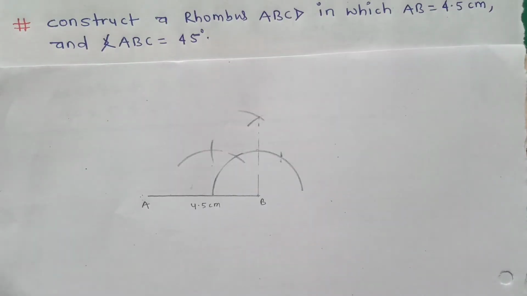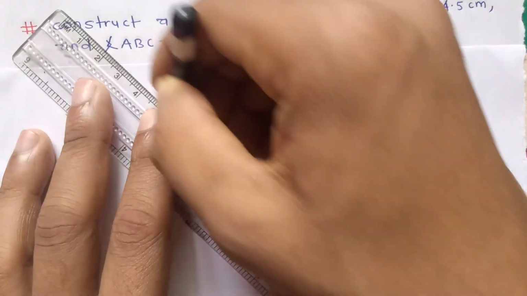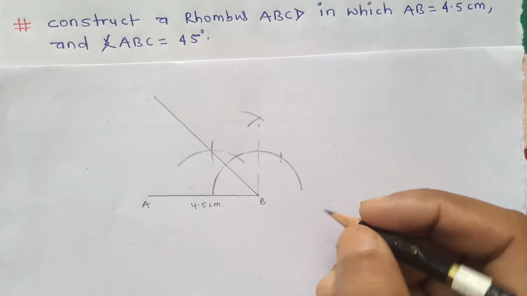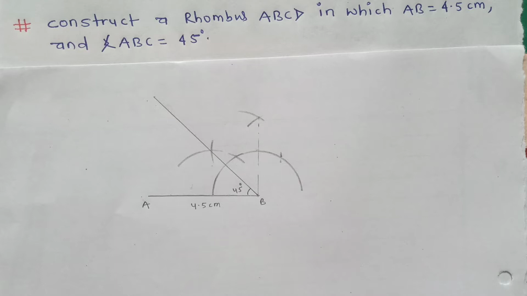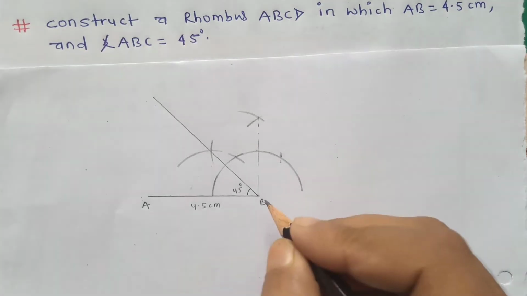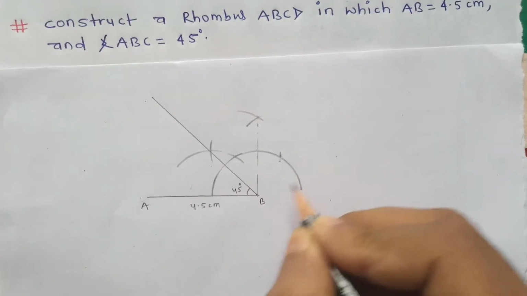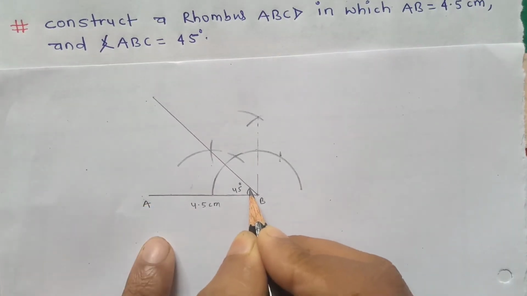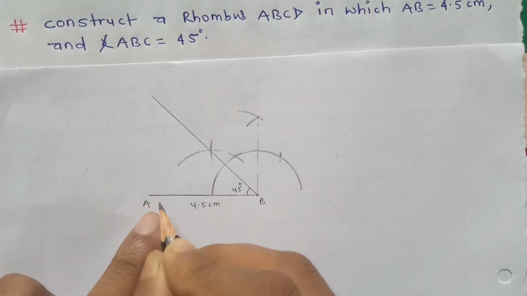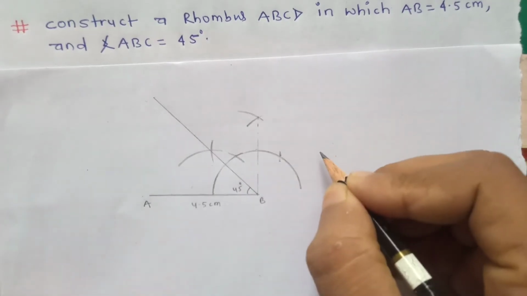Now you can join both these lines and pass through this line. So it is 45 degree. If you think, sir, we cannot make 45 degree on this side, why? Because here the line AB is on the left side, so we construct the angle on the left side. If this line were on the right side, we could construct 45 degree on the right side.